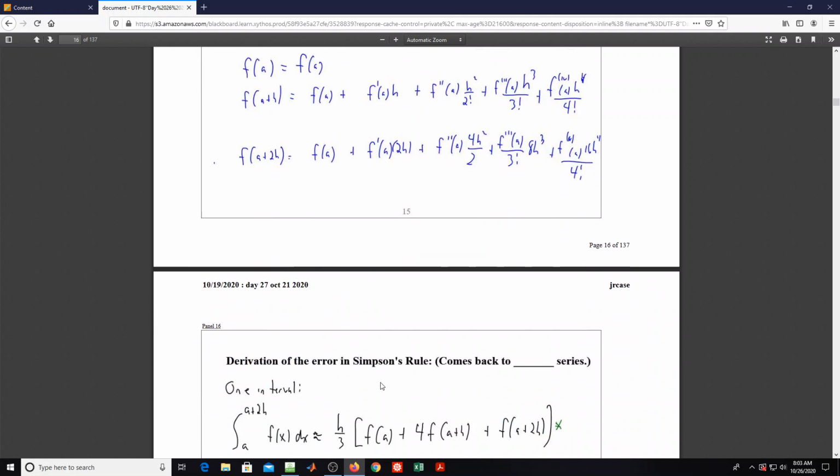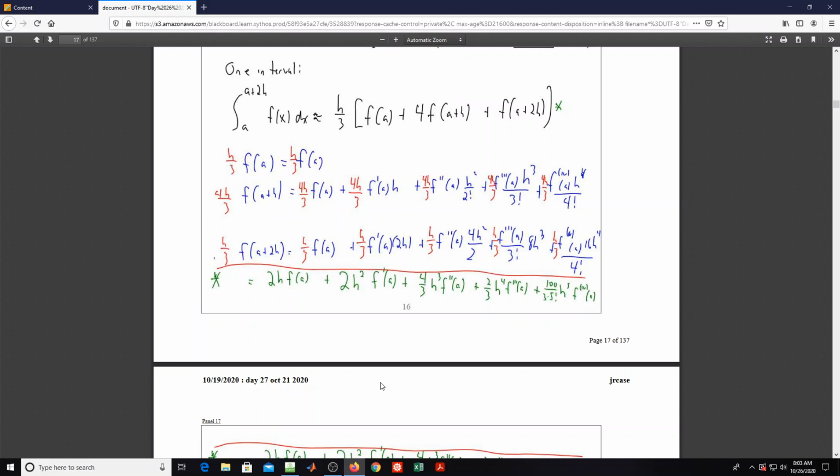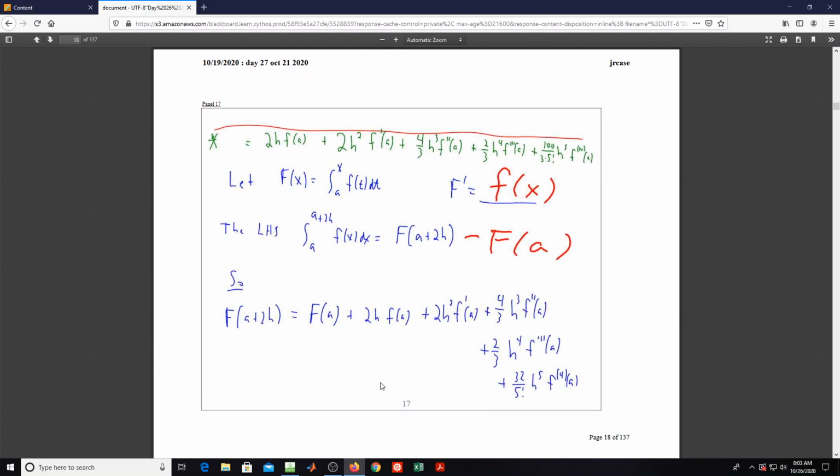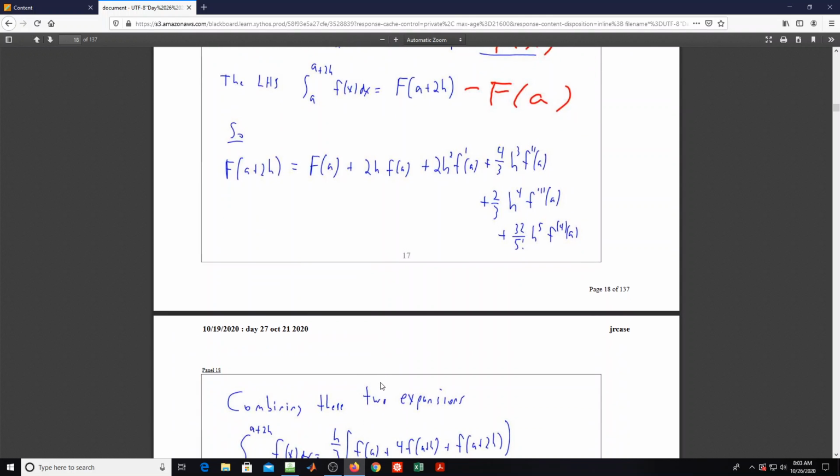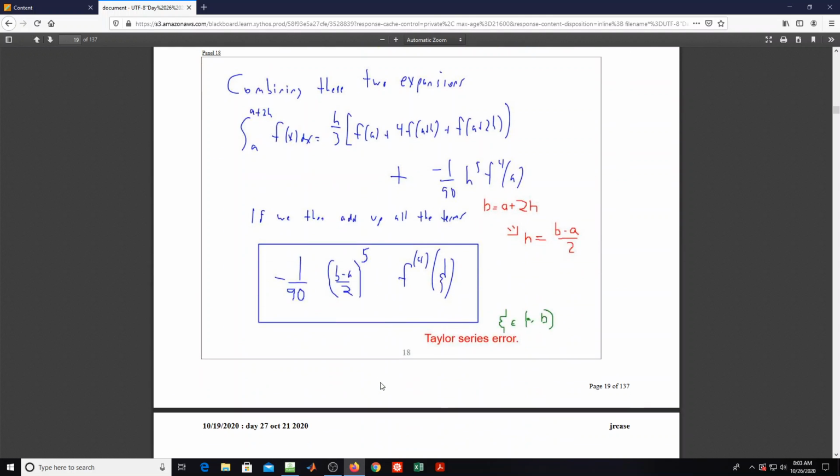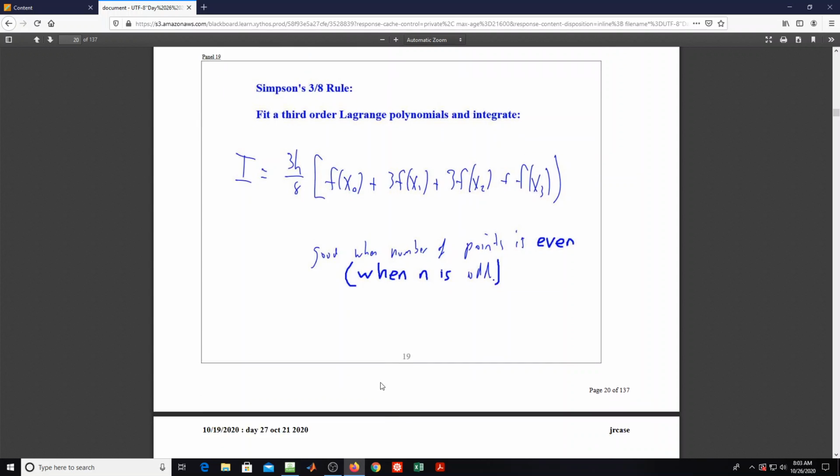If you do that with h over 3, 4h over 3, h over 3, again notice this 1, 4, 1 business, and you subtract, you get the formula equal to the other side, and they're approximate to each other. Then use the second fundamental theorem of calculus and get this same sort of idea using the Taylor series error. So both those interpolating formulas and the Taylor series help out in developing new formulas as well.